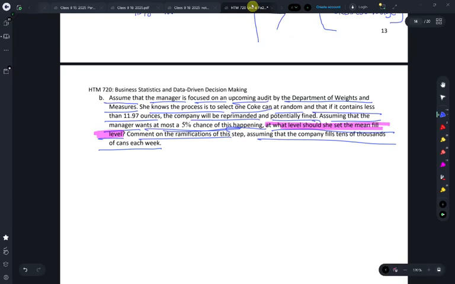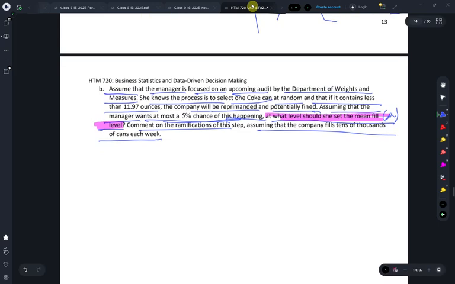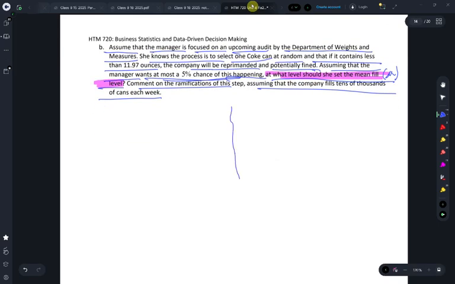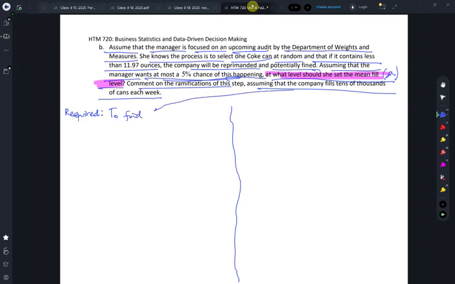To do that, whenever we want to find an unknown parameter of the normal distribution, we should note that what is required is to find the mean such that the probability that the amount in a particular can is less than 11.97 is at most 5%.